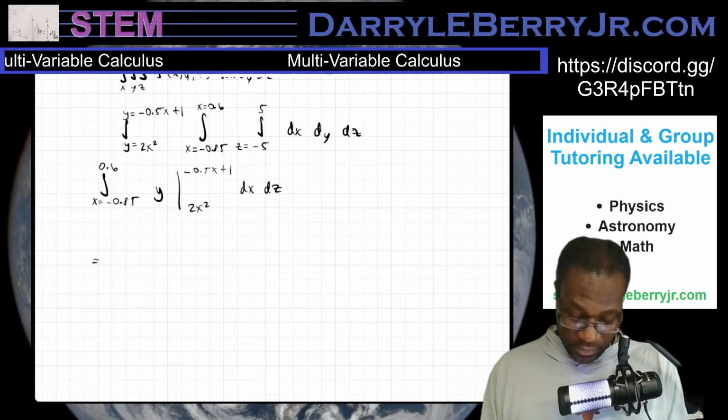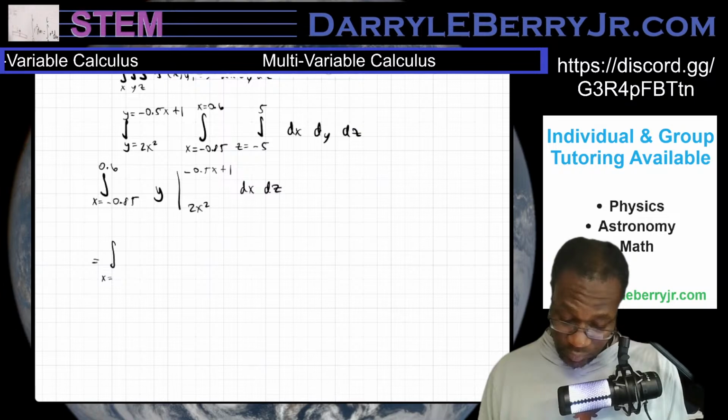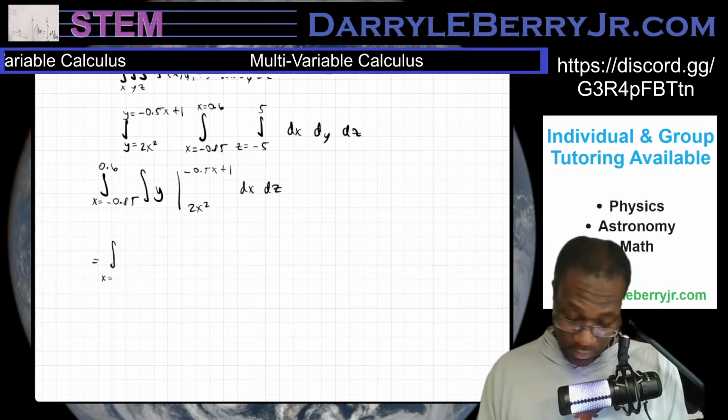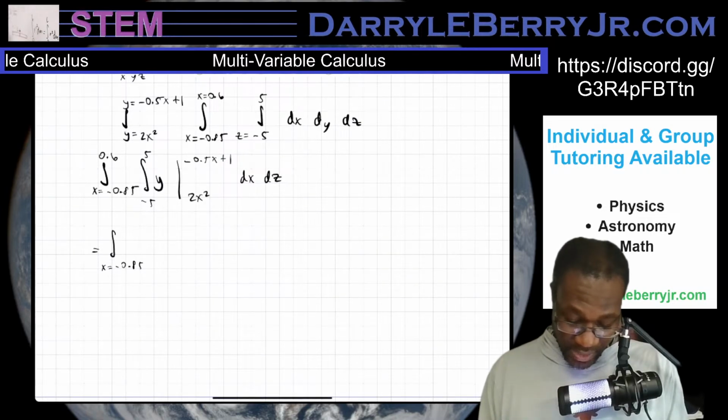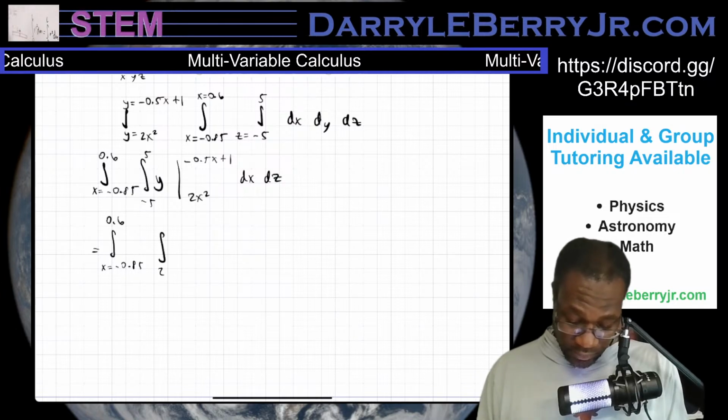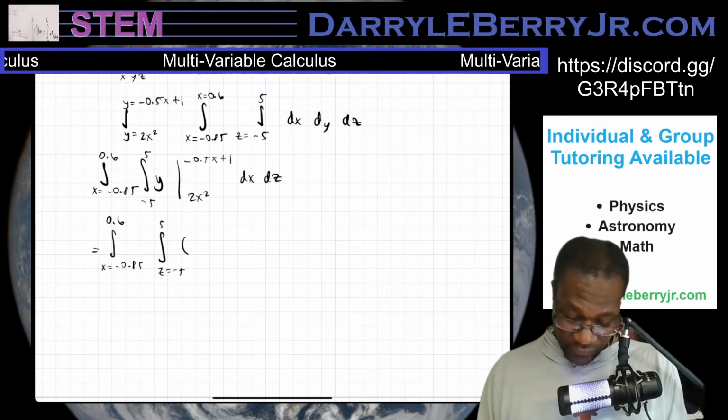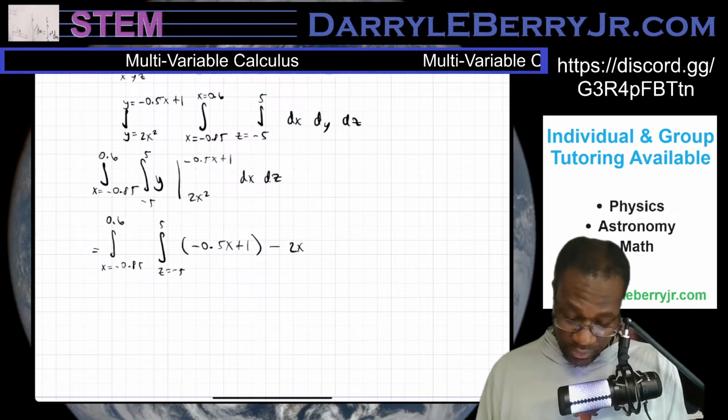So this equals integral x equals, oh, and I dropped one of my bounds, z equals -5 to 5. So then we have x equals negative 0.85 to 0.6, z equals -5 to 5. And now we have negative 0.5x plus 1 minus 2x squared dx dz.